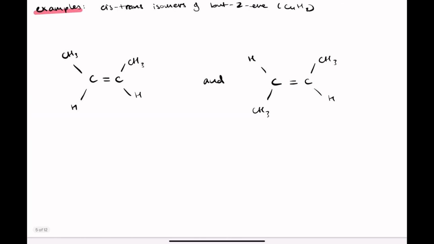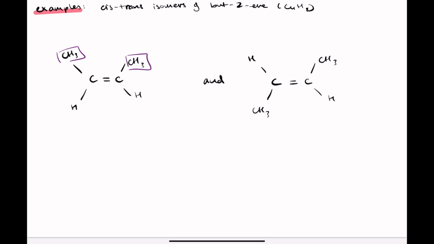Now let's look at an example, and we can look at but-2-ene, so C4H8, and here look for yourself and identify which is the cis and which is the trans isomer. So I hope you have done this by yourself just to see what it is, and let's take a quick look.